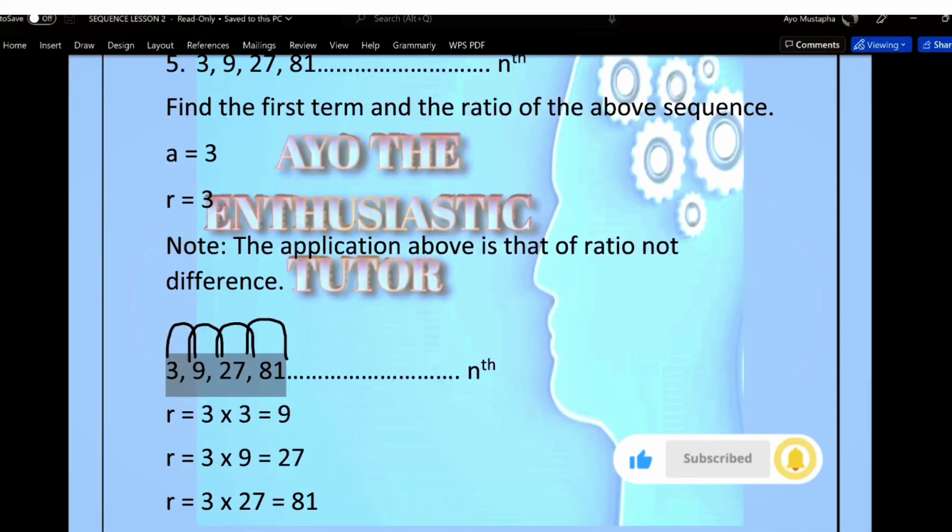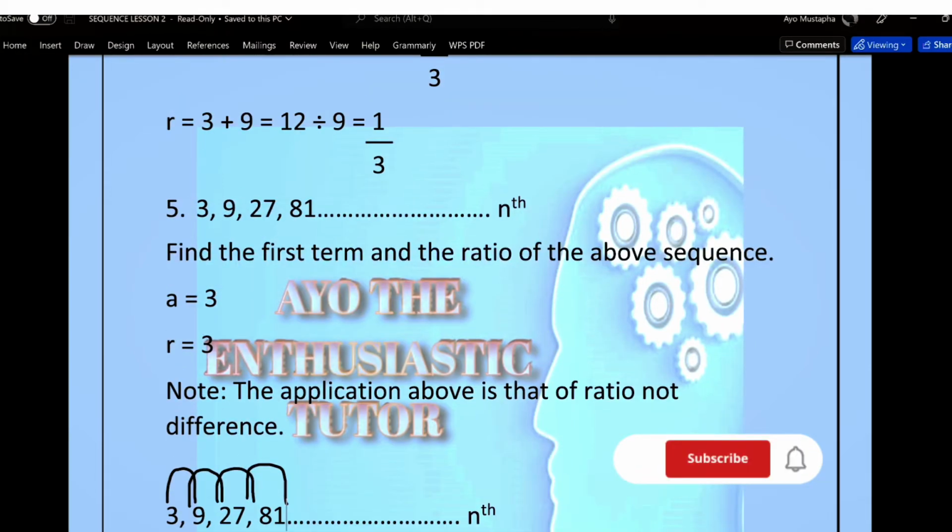How do we decipher when and how to use it? Now, as you can observe the progression, it's in ascending order, it's going up. We have 3, 9, 27, and 81.